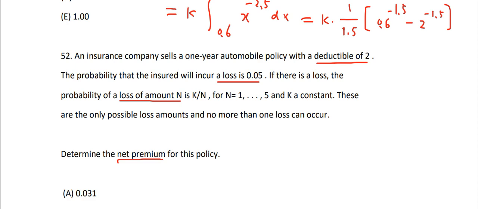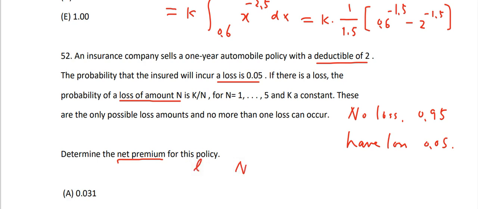Okay. So we say here, no loss has a chance of 0.95. Having a loss has a chance of 0.005. If there is a loss, then the loss amount n can be 1, 2, 3, 4, 5, right?